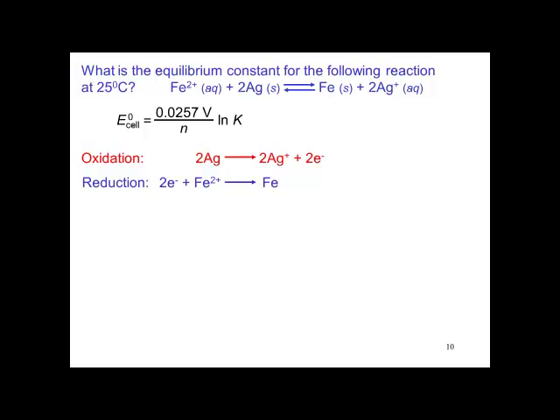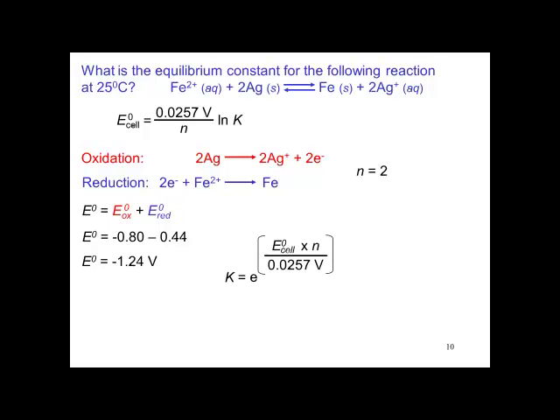The reduction: 2 electrons plus Fe2+ goes to iron. So 2 electron change. E0 equals E0 oxidation plus E0 reduction. That's a negative 0.80 and a negative 0.44. It's a negative 1.24 volts.